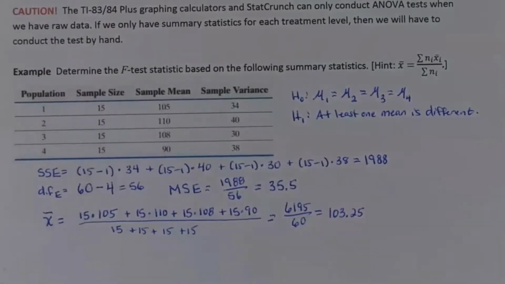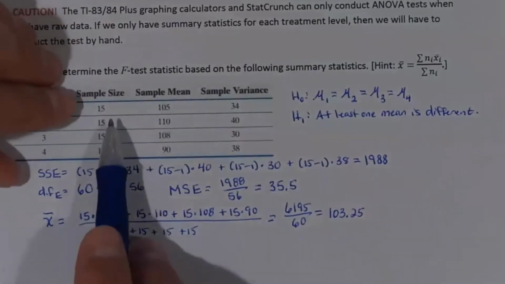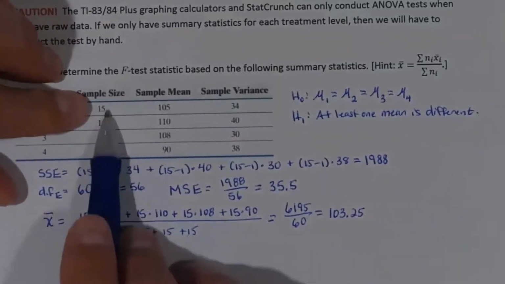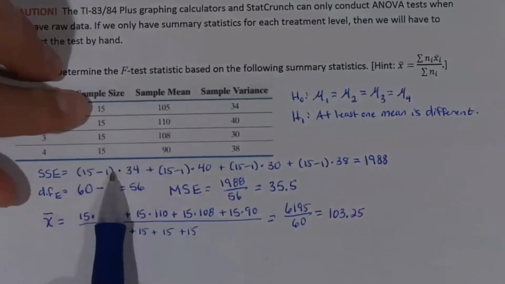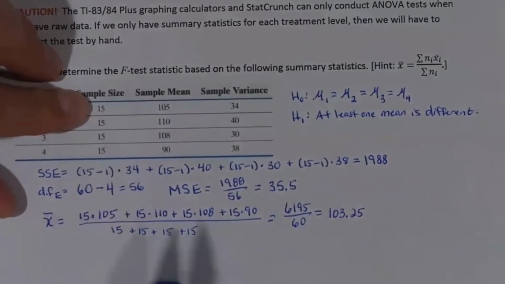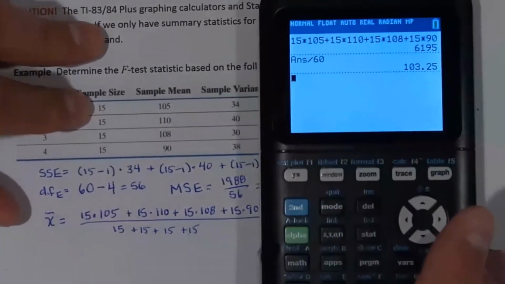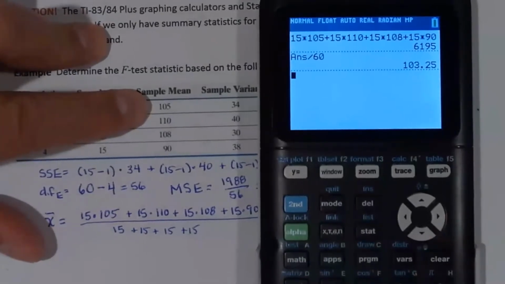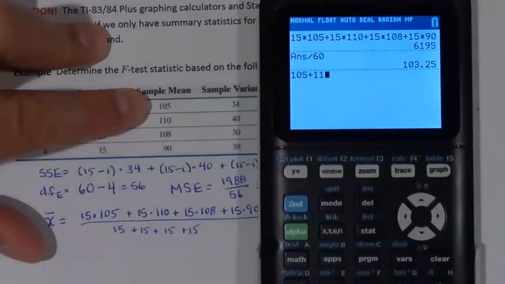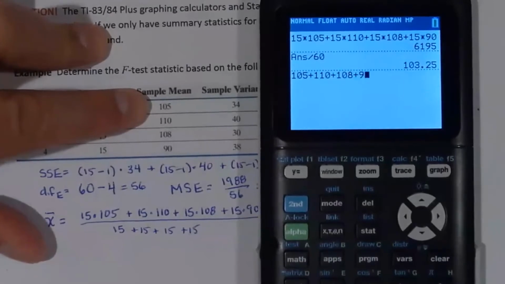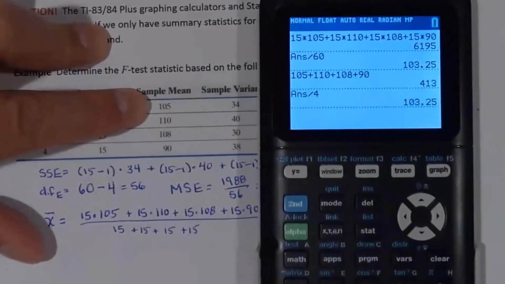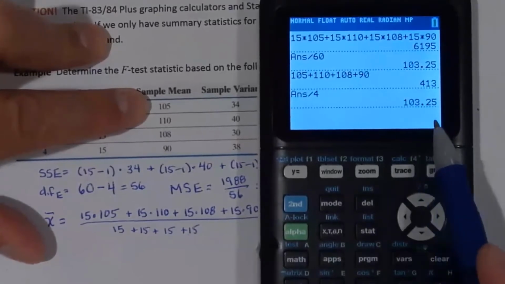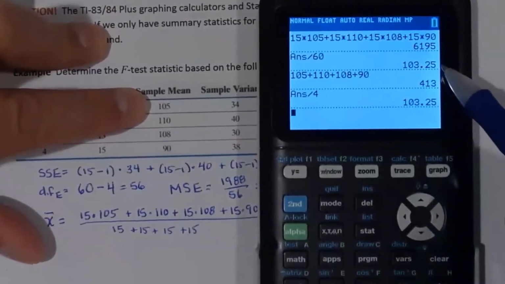average of that. Now, I do want to point out a little shortcut that you can use. If all of the sample sizes are the same size, like in this case, we don't really have to do a weighted mean. We could just take 105 plus 110 plus 108 plus 90. That's 413. And if we divide that by 4, we get 103.25, the same mean.